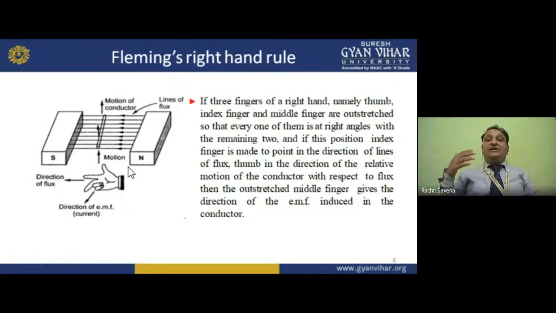We can determine the direction of induced EMF or flux or force in the DC generator with the help of Fleming's right-hand rule, and the basic principle is Faraday's law of electromagnetic induction.